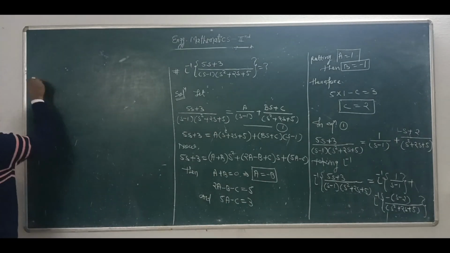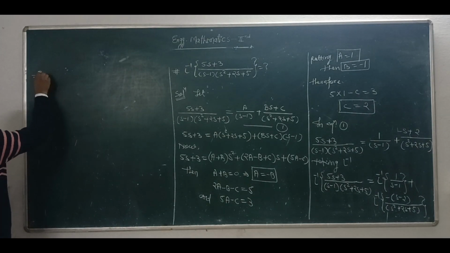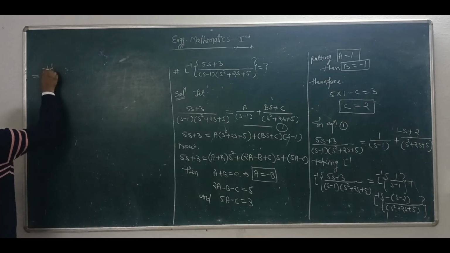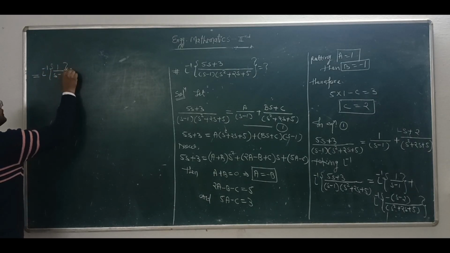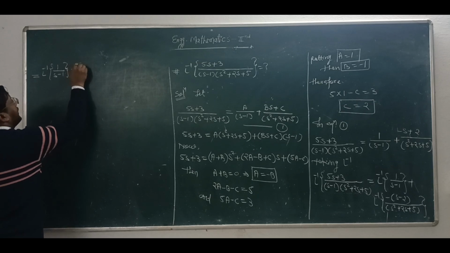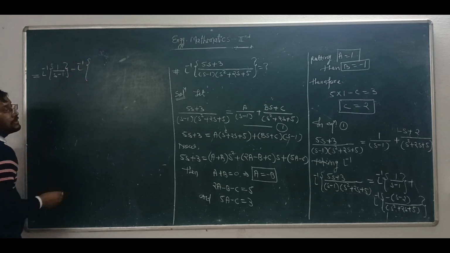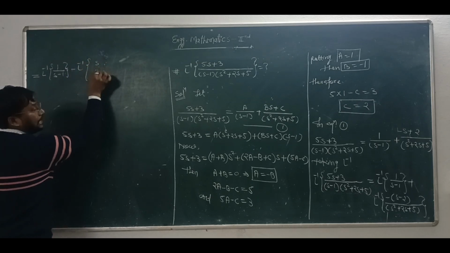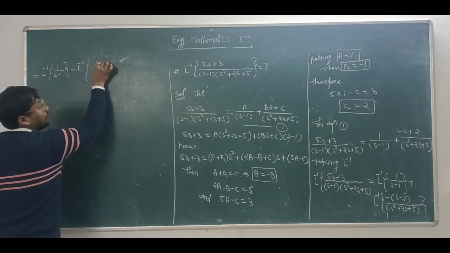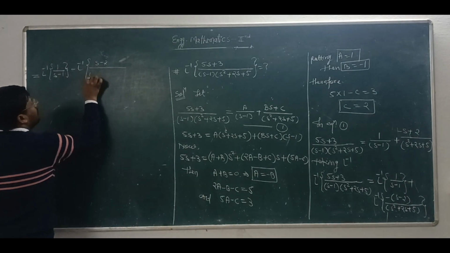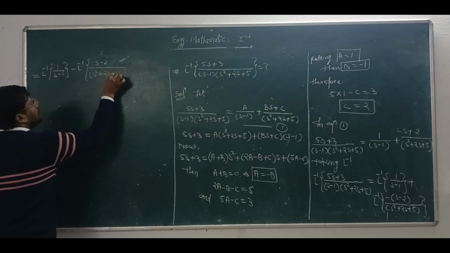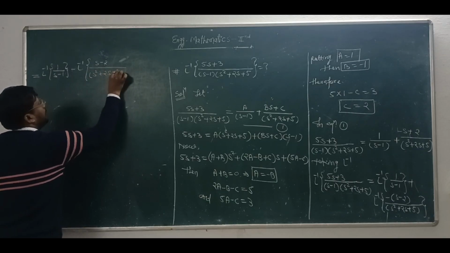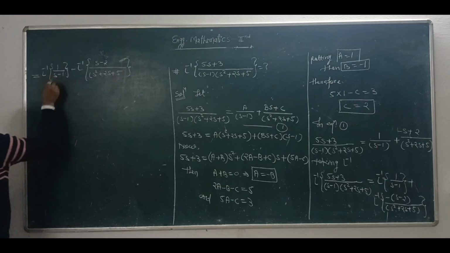Now next is L inverse of 1 upon (s minus 1) minus L inverse of (s minus 2) upon (s square plus 2s plus 5). Now solve this.